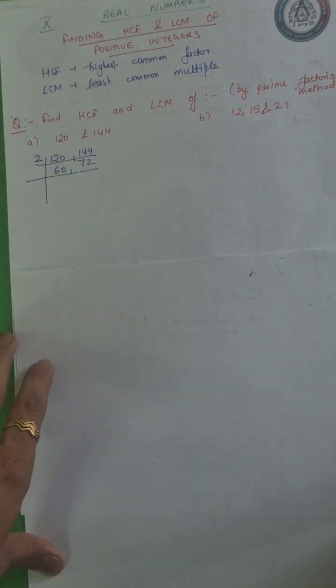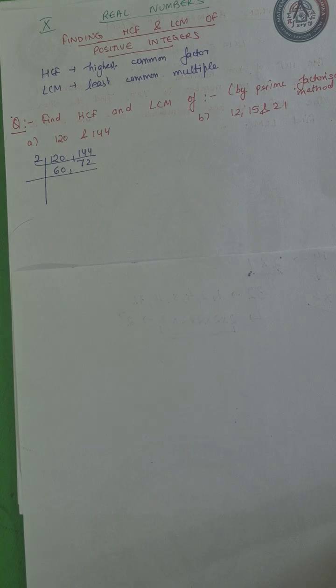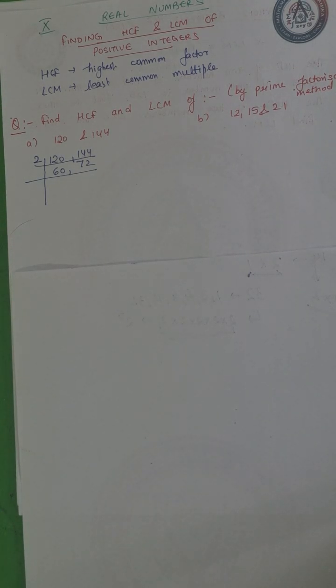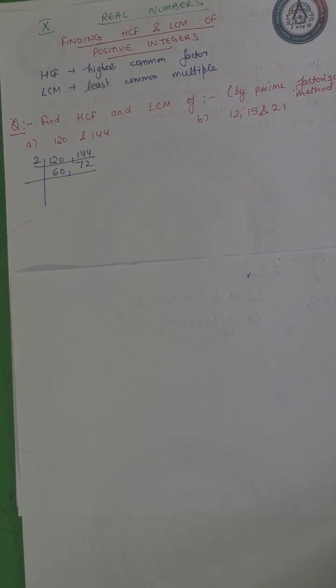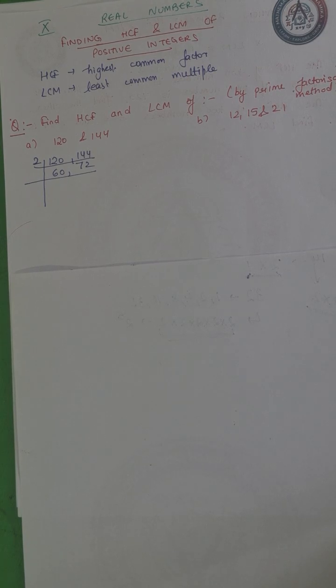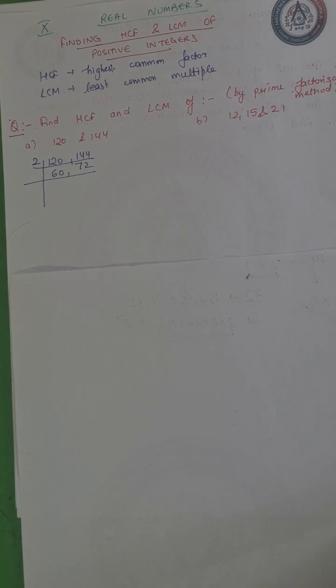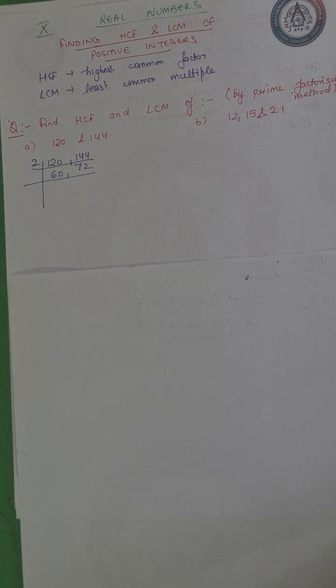This is one oral method. If you are not comfortable, you can divide 120 by 2. Your quotient will be 60, remainder will be 0. Similarly, you can also divide 144 by 2. So your quotient will be 72 and remainder will be 0. So the key is that you have to divide and the remainder should be 0.